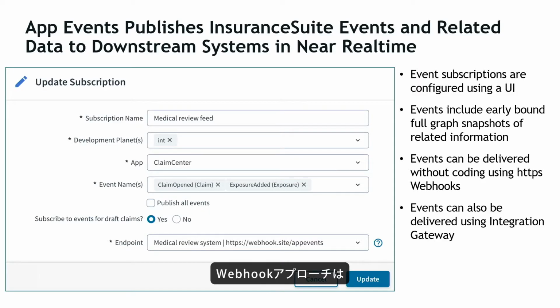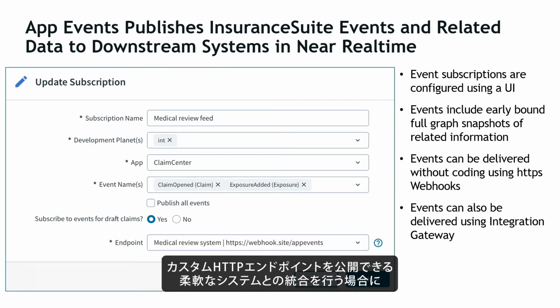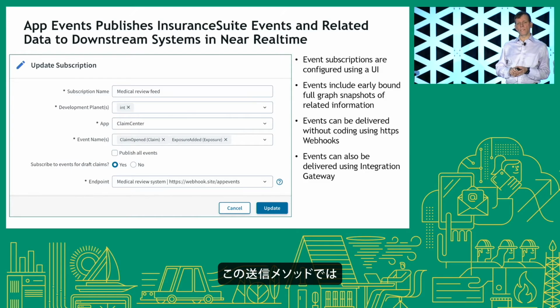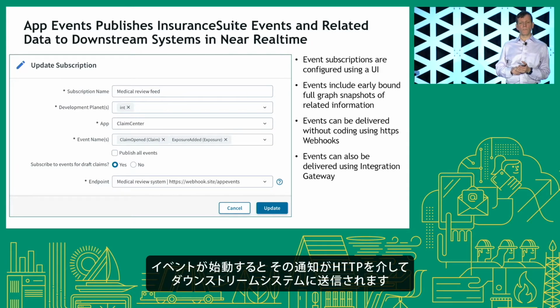With the webhook approach, this is something you would typically use if you're integrating with a pretty flexible system which is able to expose a custom HTTP endpoint. With this delivery method, when an event is fired, it gets delivered over HTTP to the downstream system.